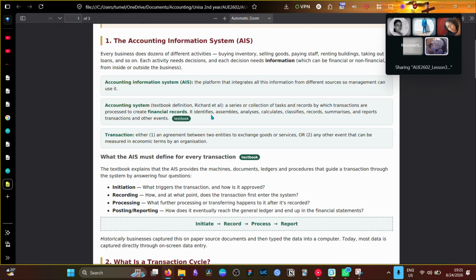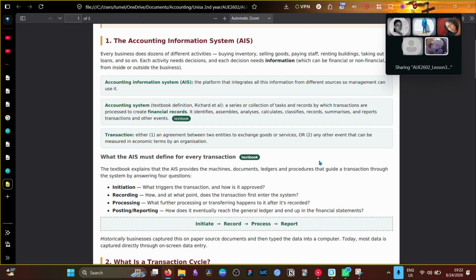It identifies, assembles, analyzes, calculates, classifies, records, summarizes, and reports transactions and other events. A transaction is either an agreement between two entities to exchange goods or services, or any other event that can be measured in economic terms by an organization.